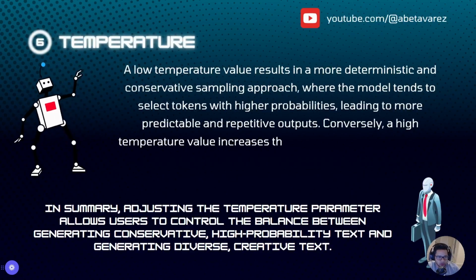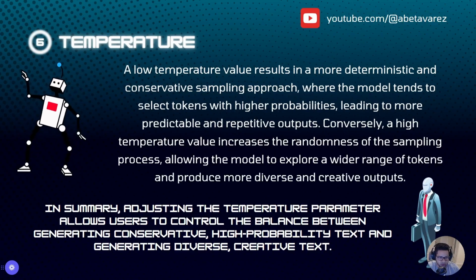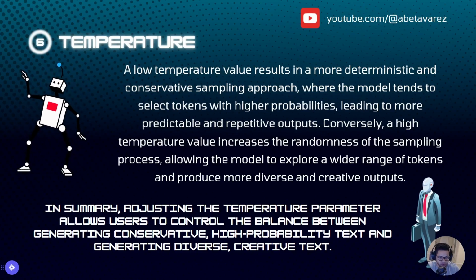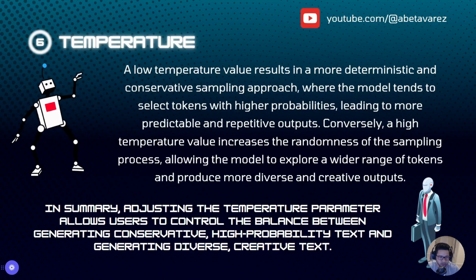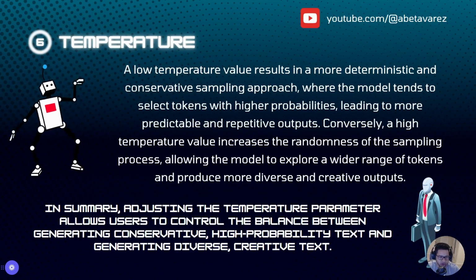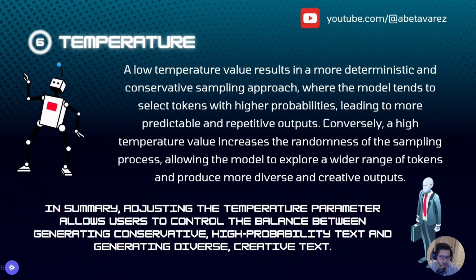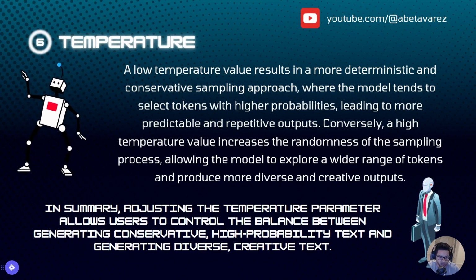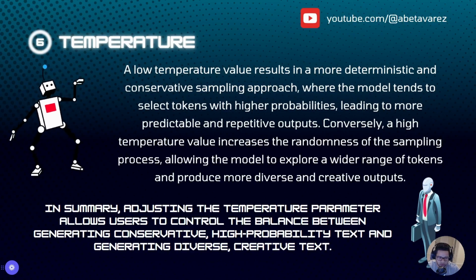A low temperature value results in a more deterministic and conservative sampling approach, where the model tends to select tokens with higher probabilities, leading to more predictable and repetitive outputs. Conversely, a high temperature value increases the randomness of the sampling process, allowing the model to explore a wider range of tokens and produce more diverse and creative outputs.